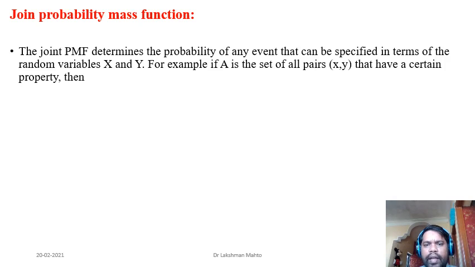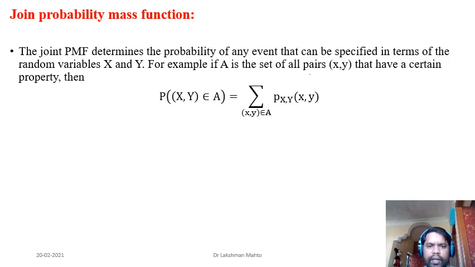For example, A is the set of all pairs that have some kind of property. Then how can we calculate the joint value of X, Y that satisfy A simultaneously?